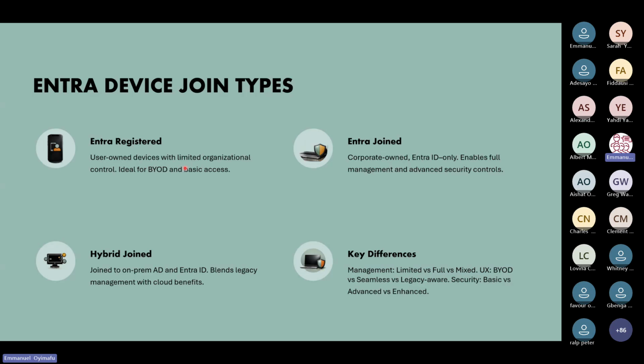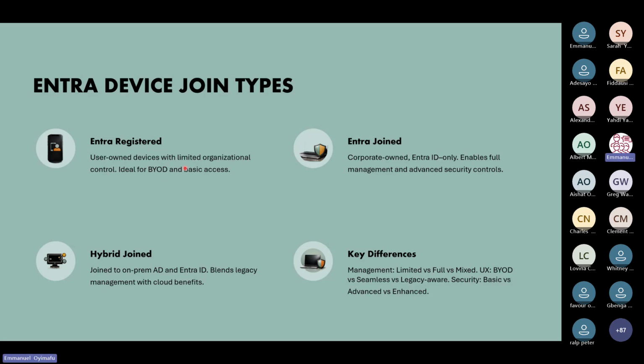It's not possible. You did not buy it for me. So it's only the device that the organization buys that they can have full control over. If you are working for a company and you join your device to their Entra ID, you need to tell them that this is your own device, because maybe, for instance, you want to do other things, you can't do it. It's not supposed to be like that. It should be registered, not joined.